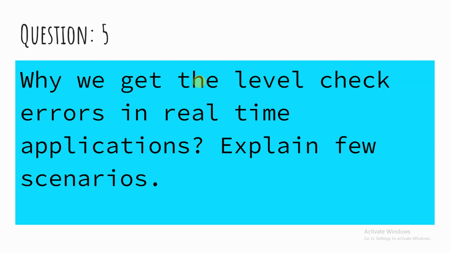Now I compile the program and run it, and there is no error at all. Then I make some changes to the PF and recompile that PF, and now the record format level becomes L2, and I didn't recompile the program. Whenever I run that program, I will get the level check error, because your record format level ID in the file is different from the one in the program.